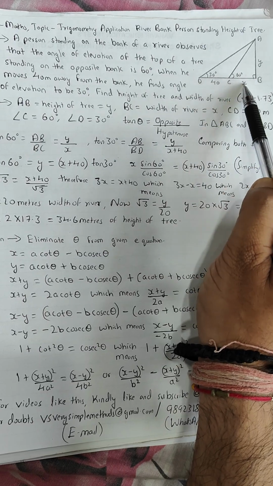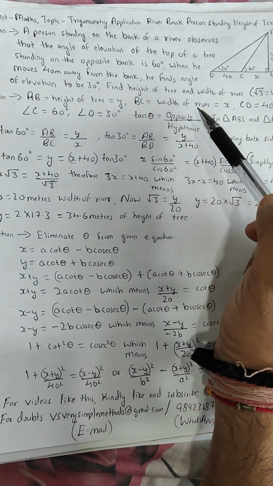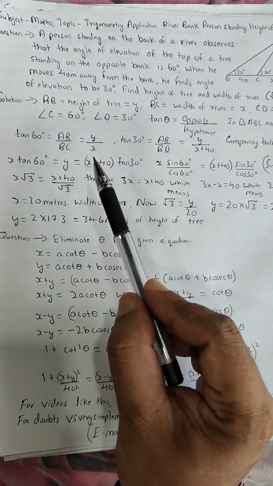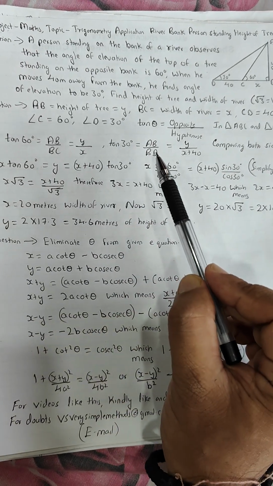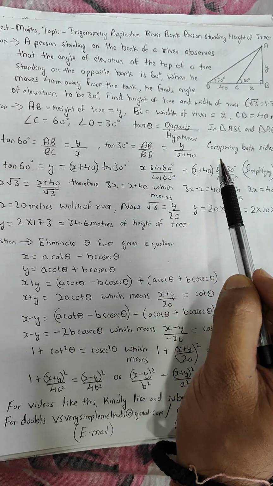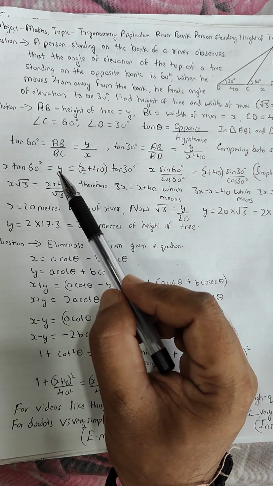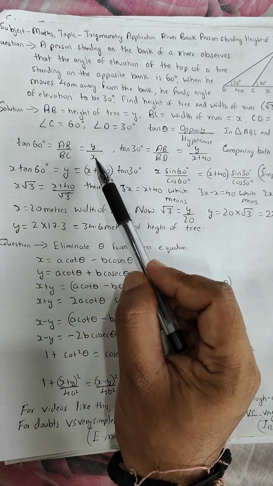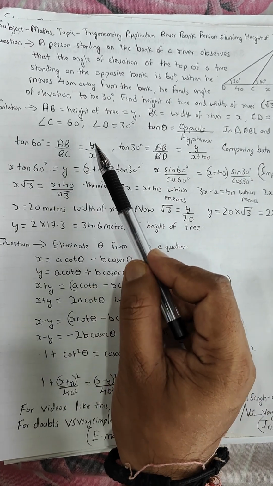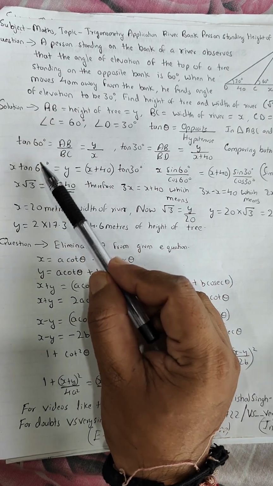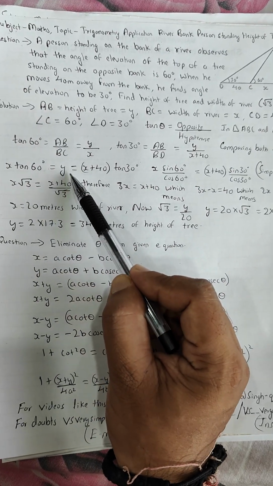ये पूरा distance है x plus 40. So using that I can clearly write over here tan 60 is y upon x, tan 30 is y upon x plus 40. Now we clearly know that y upon x अगर tan 60 है तो y will be x multiplied by tan 60, that is x tan 60 equal to y.